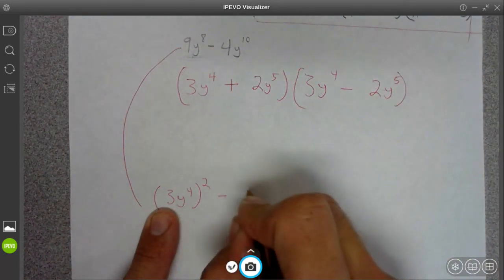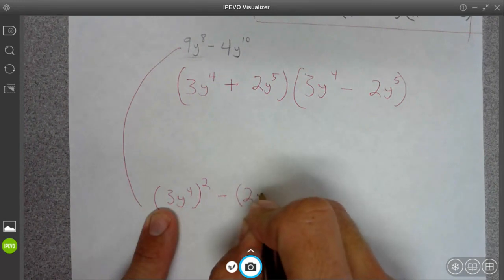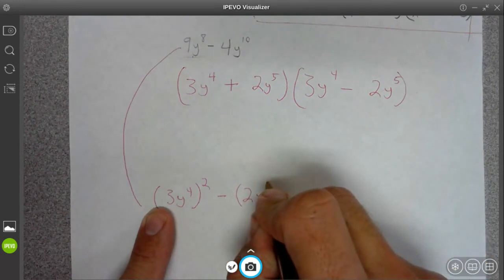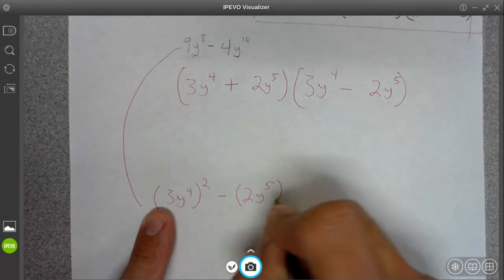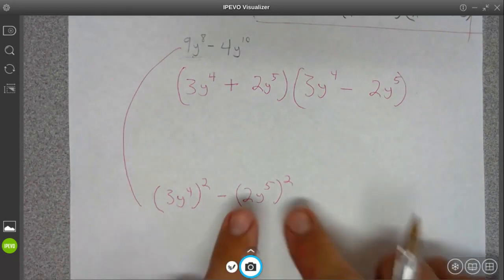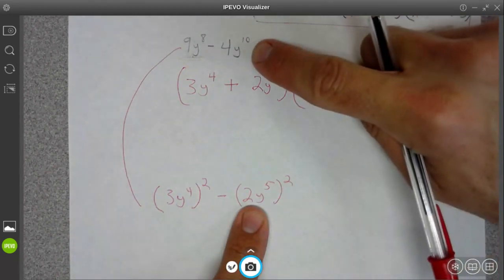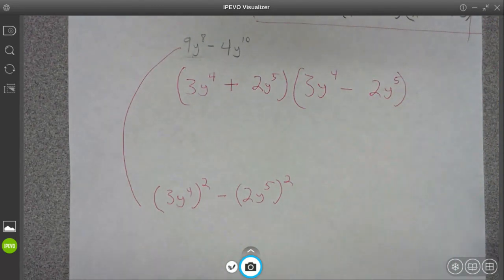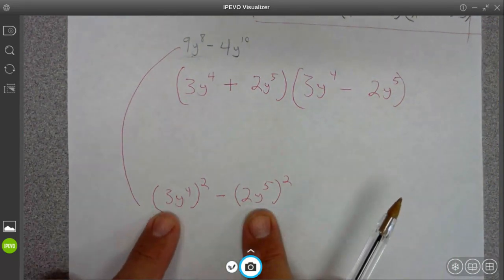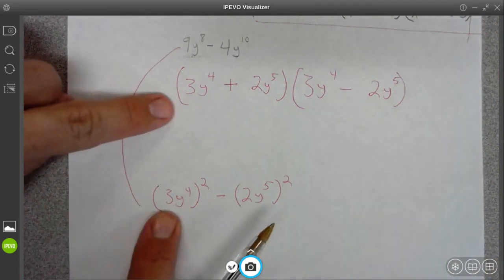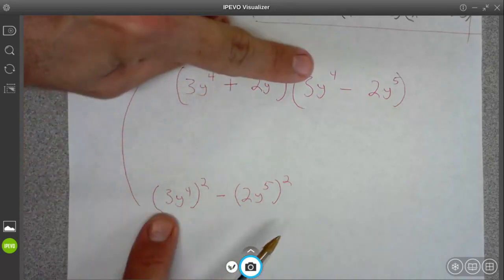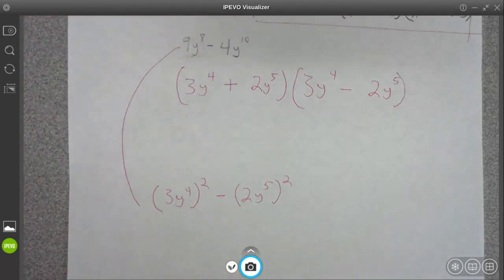And then they would write 2y to the 5th, to the 2nd. And then this one is equal to 4y to the 10th. And hopefully you can see how, or it's kind of weird. I know it's weird, but that's my pieces there and there, there, and there. Okay, if you wanted to check your answer, you could just plug in some number for y and go from there. All right, it works like that too.